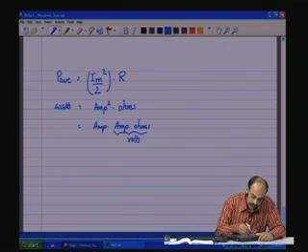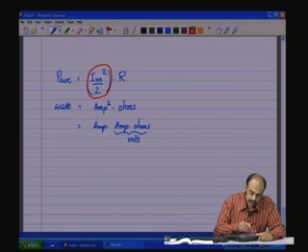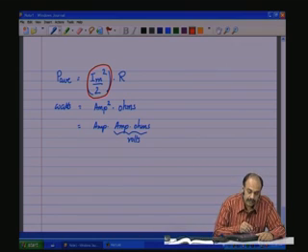Now, here there is a term Im square by 2. Let us split that. Let us take the square root of that one. So, what happens?